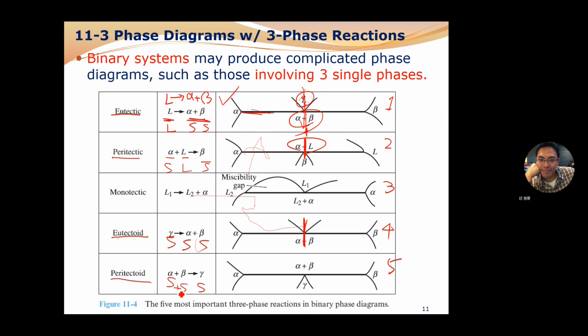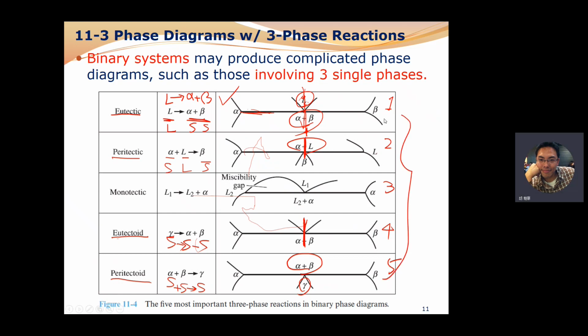Two solids into one solid, and this one solid converts into two solids. So two solids, alpha plus beta, convert to one solid, gamma phase. Okay, therefore, once you can find those shapes in the phase diagram, from figure 1 to figure 5, you can tell whether it's a eutectic reaction, a peritectic reaction.